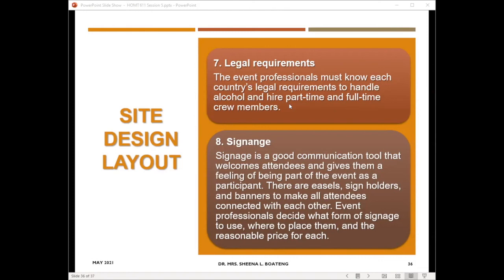Sometimes it helps to welcome attendees. These days at weddings, before you enter the reception, there's usually a big sign with the picture of the bride and groom telling you welcome to the wedding reception of so and so, right? Or this way to the reception. Some of them too are directional signs. And we see a lot of this while we are driving around town, usually over the weekends.